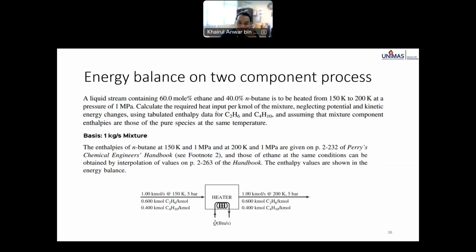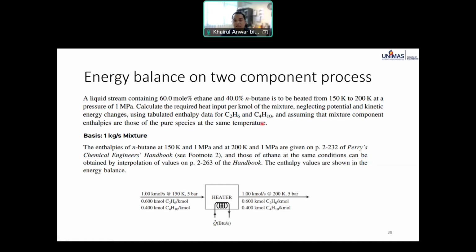Calculate the required heat input per kilomole of the mixture, neglecting potential and kinetic energy, using tabulated enthalpy data for ethane and butane.